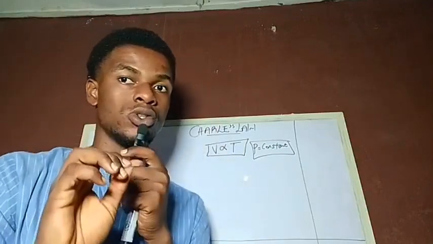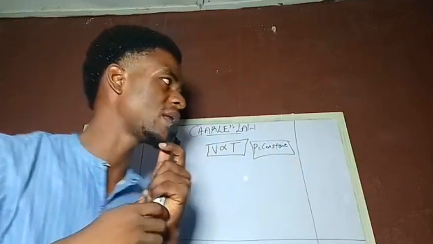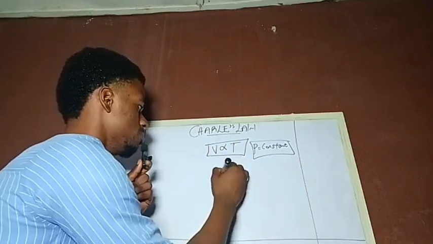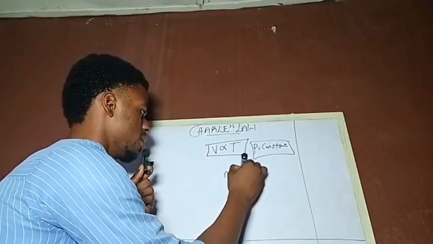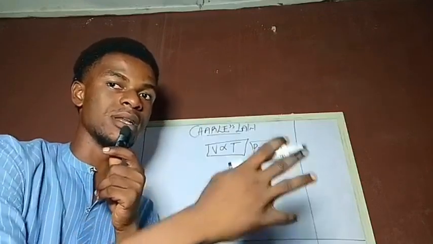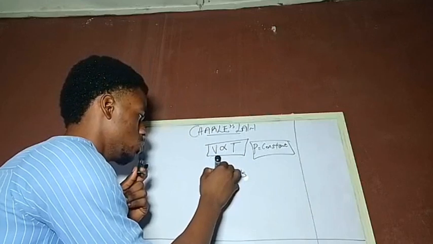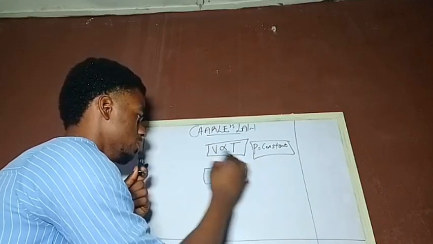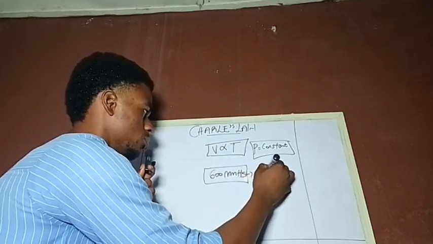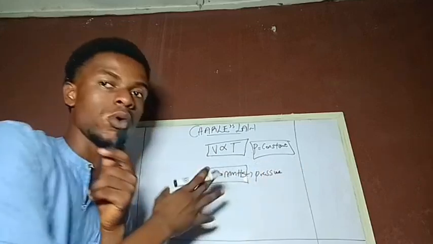If a question is given to you on pressure, let's say in mmHg, it means millimeter mercury. So when you see something like 600 mmHg, this is your pressure, and you are not focusing on it.